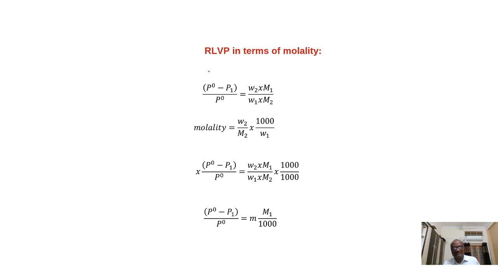After deriving that, the relation between the RLVP and the weights and molecular weights of the solute and solvent, and the relation between the RLVP and molality. These things we have discussed. Okay, next class we will solve the problems on it. Thank you.